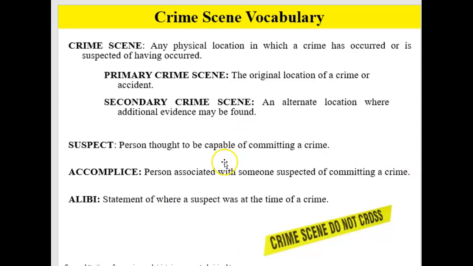In many of those movies, you're going to see somebody who gets beaten up, and somebody holds the person, and then the other person does the beating. The person who's holding the person would be considered the accomplice, okay?